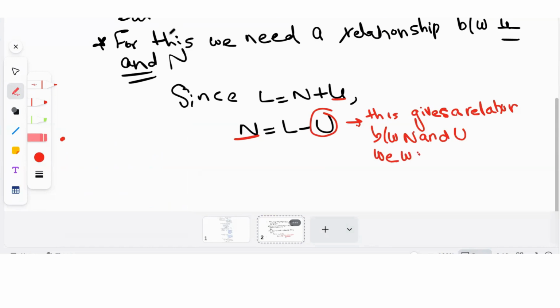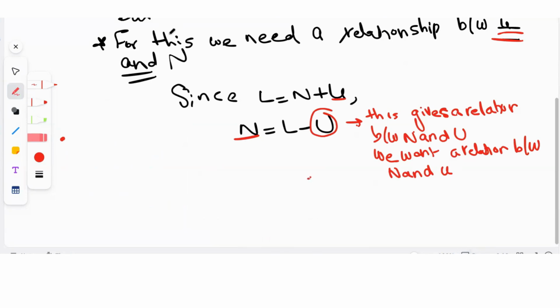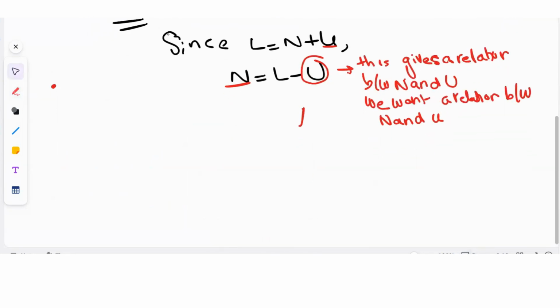We want a relation between N and small u, where small u is the unemployment rate. We did find a relationship between N and capital U, but that's not what we're looking for. We're looking for a relationship between N and small u, because it's the small u that appears in our WS relation.